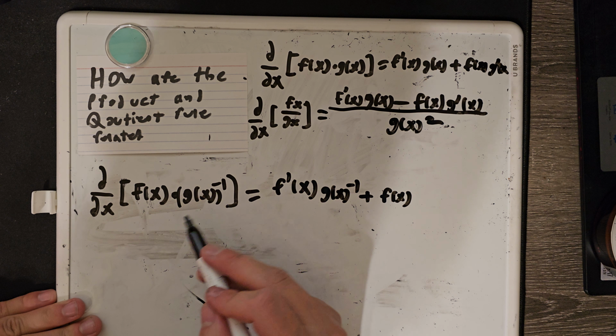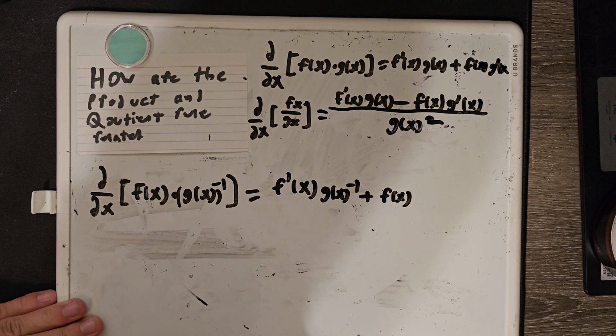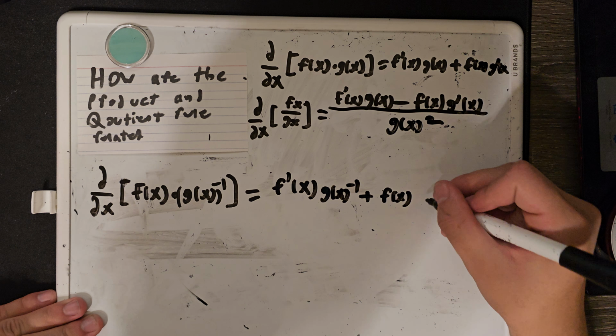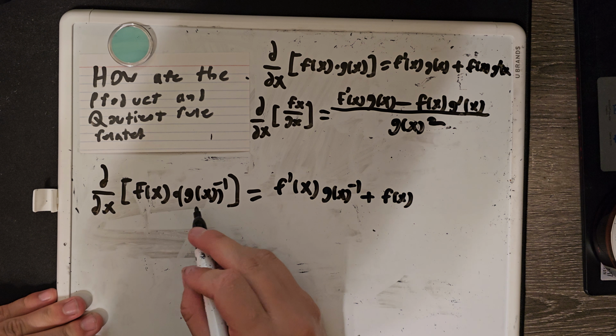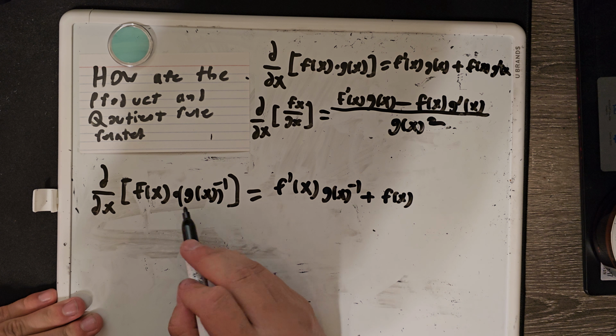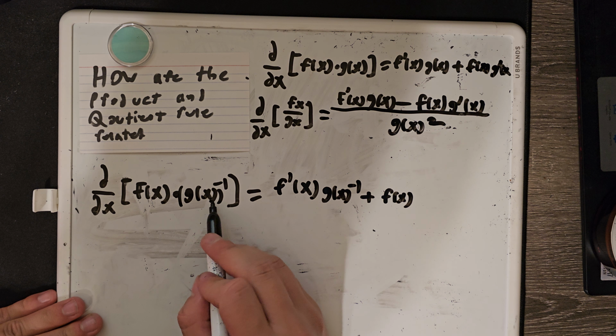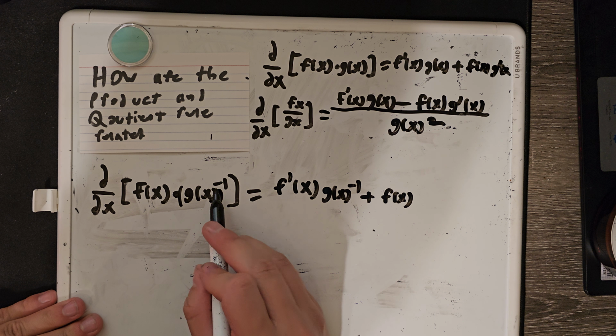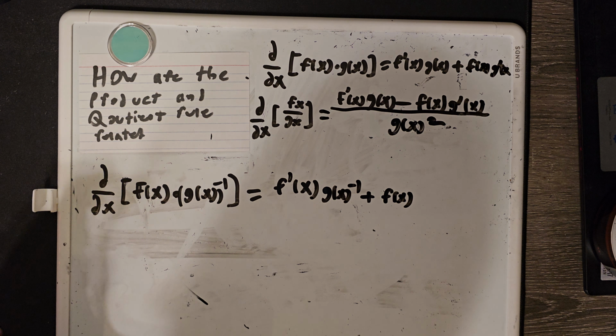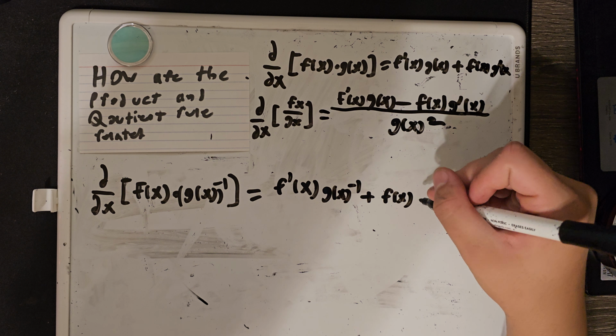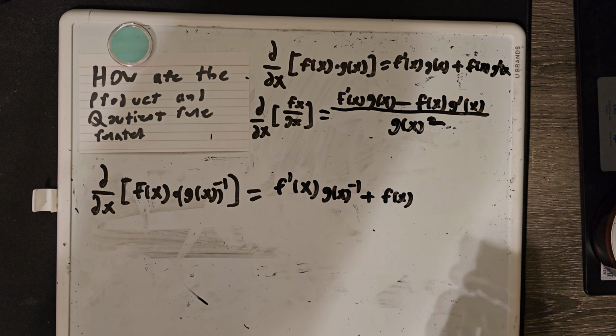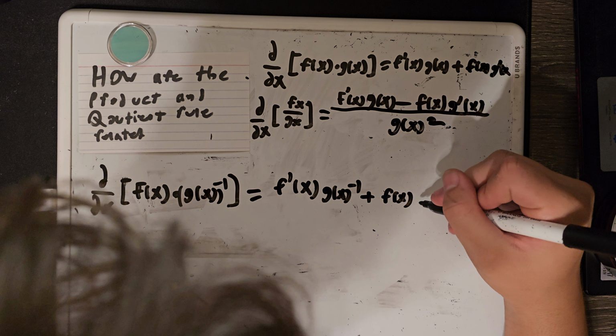We use the chain rule to solve this, so we move the negative 1 to the front. So we first find the derivative of, since g of x is within these parentheses being raised to the negative 1, the outer function is x to the negative 1, of g of x. So we first find the derivative of that.